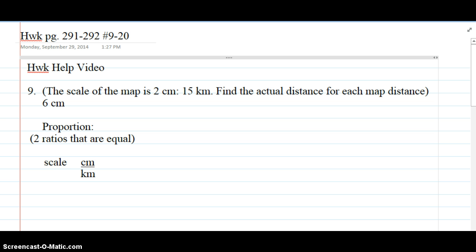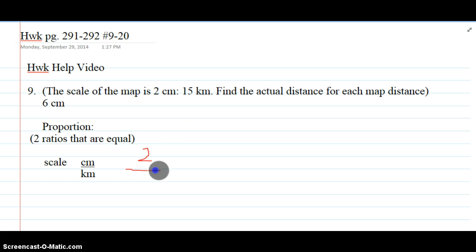For both of my ratios, I want to use centimeters over kilometers. So the first ratio is, I know that there's 2 centimeters for every 15 kilometers. That's my first fraction, and it comes from the scale that they give to us.